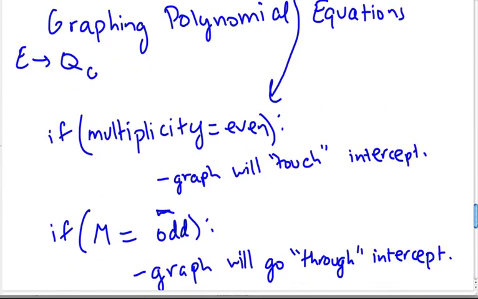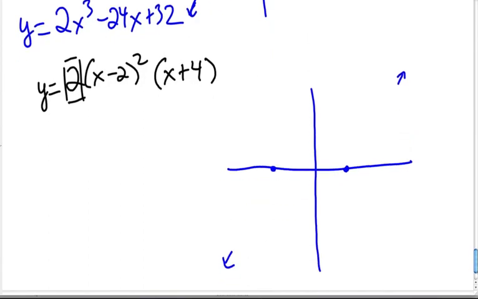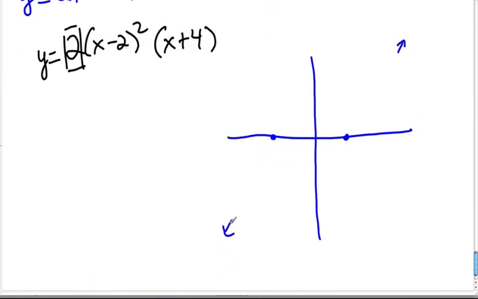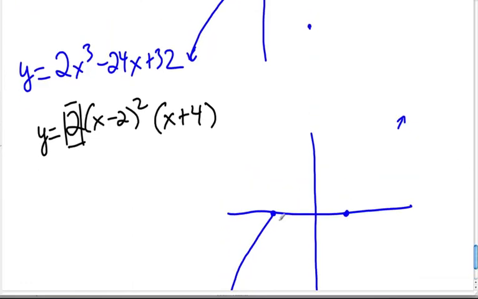Well, when a multiplicity is odd, a graph will go through the intercept. So therefore, when we're drawing this equation out, it's going to hit negative 4 and keep going up. And then where's it going to go to? Well, the next point that we know is it's going to go up to that y-intercept up there, and then it's going to fall down here. But as soon as it falls down there, since this root is a double root and this multiplicity is even, it's going to touch there and bounce back.